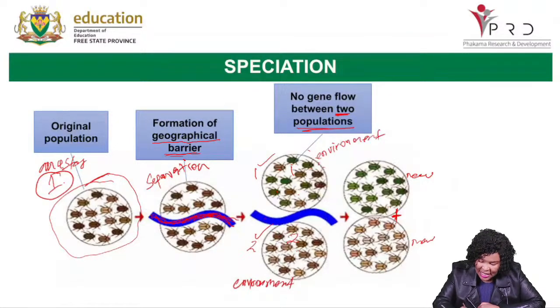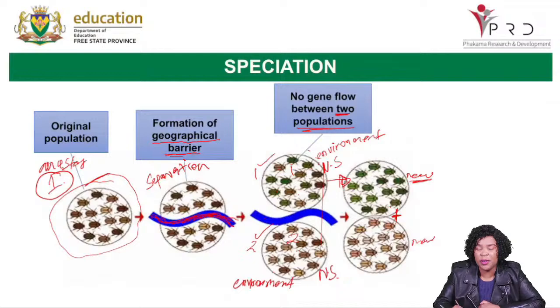Therefore, natural selection occurred independently. What do we mean by that? It happened here, natural selection. It also happened here, natural selection. And then you end up with what? With organisms that are new, or you have new species, which will be those ones that were selected by the environmental factor here.